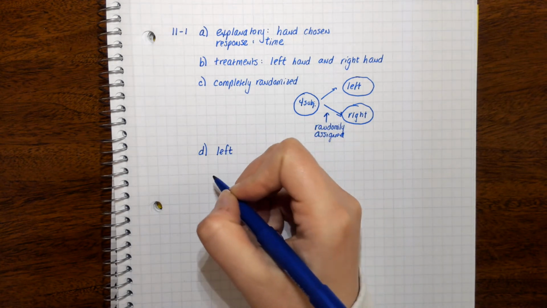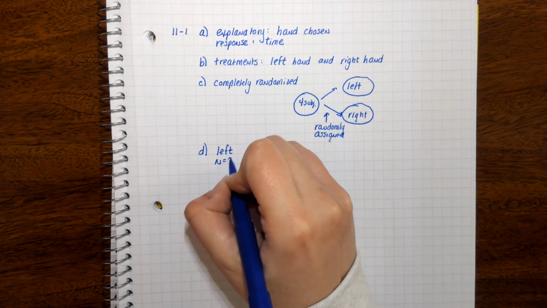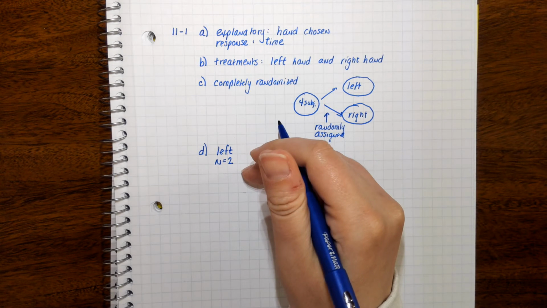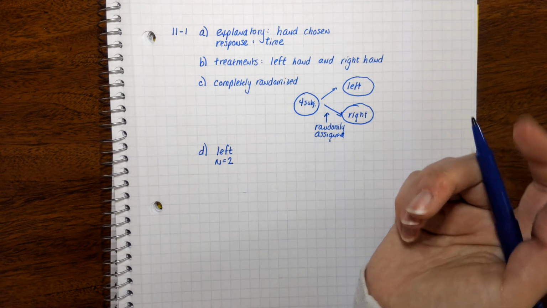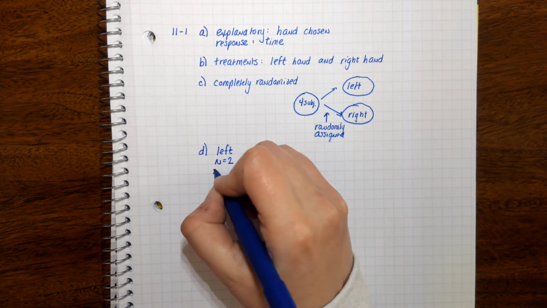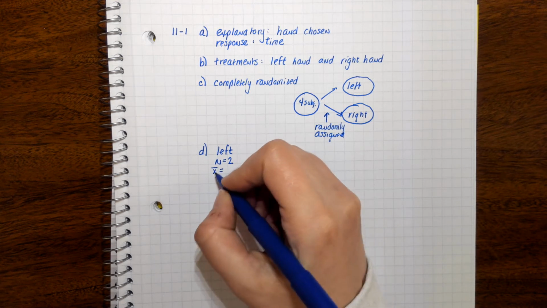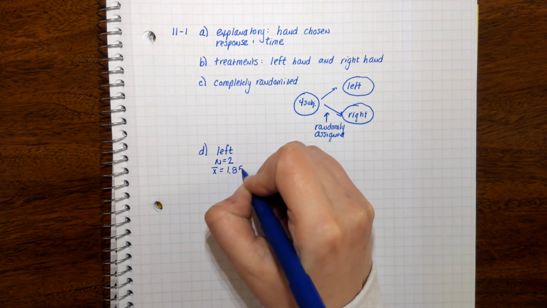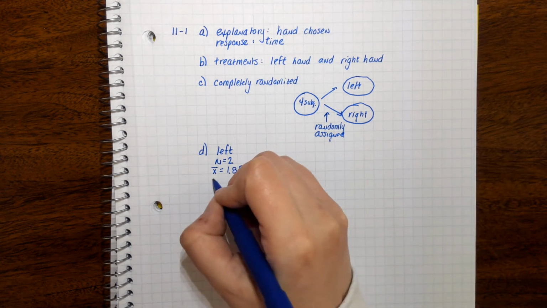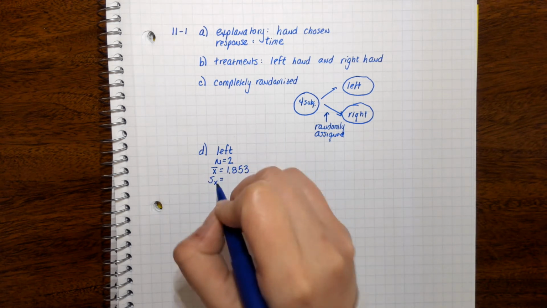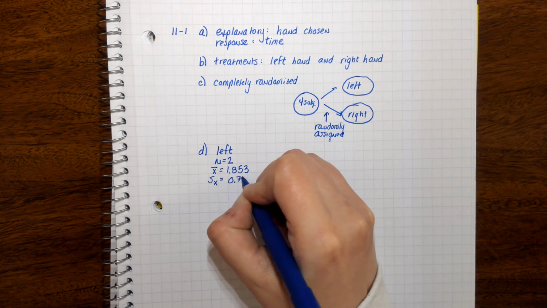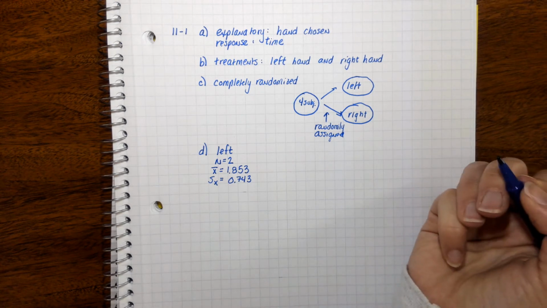So we have the left hand, there was n equals 2, so there were 2 left hand trials in my family, and their mean reaction time was 1.853 seconds, and their standard deviation was 0.743.